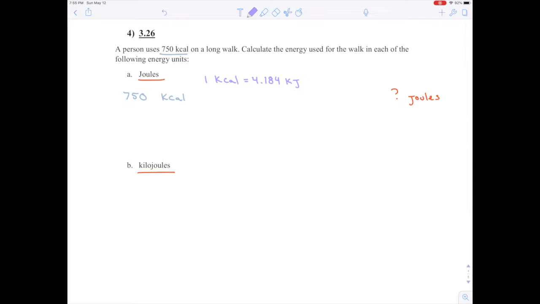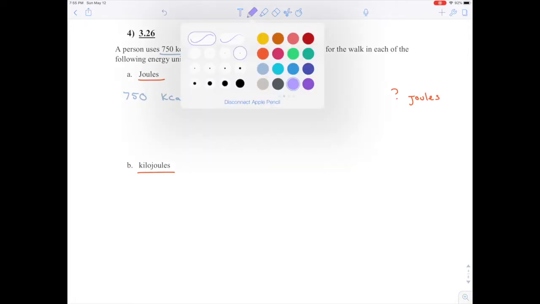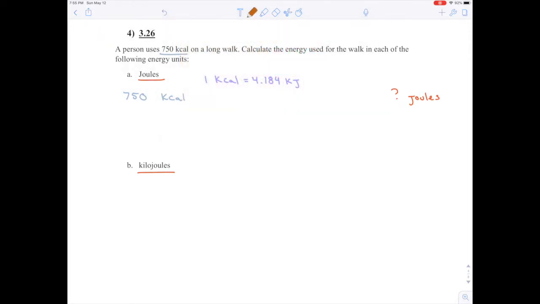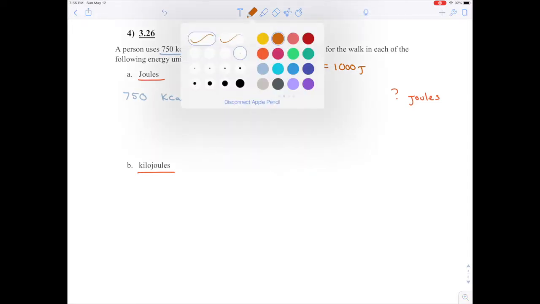That conversion factor would let you get from kilocalories to kilojoules, but we don't want kilojoules, we want just regular joules. And so you would remember another conversion factor, how kilo of anything relates to that thing. So 1 kilojoule is equal to 1,000 joules, just like 1 kilometer is 1,000 meters. And so here we have our two conversion factors that will let us get from kilocalories to joules.